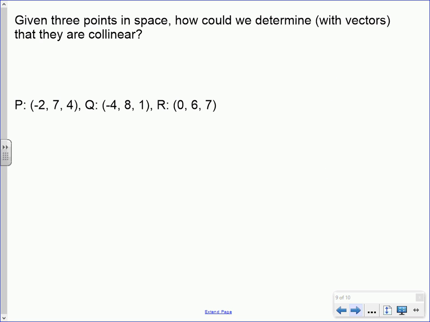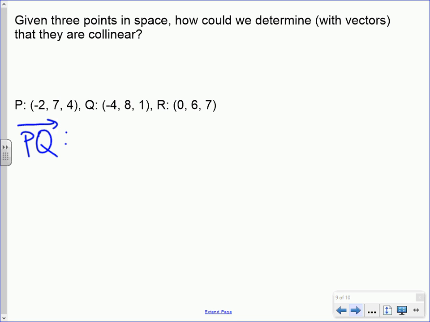We're not going to talk about slope, we're just going to make vectors out of them. It does not matter which 2 you pick, and in what order you pick them. All that matters is that the 2 vectors are going in the same or opposite direction. They're going to be scalar multiples of each other.